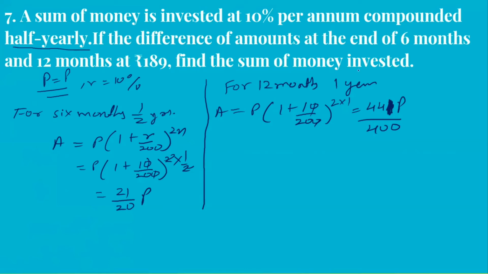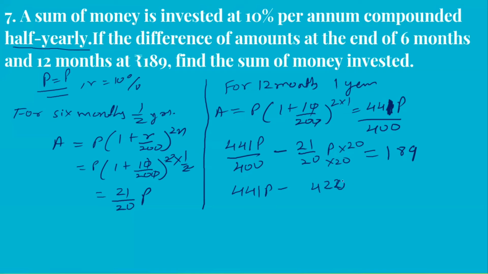Now, if the difference of the amounts at the end of 6 months and 12 months is rupees 189, that means this 441p upon 400 minus this amount which was at the end of first half year, which is 21 upon 20p, is nothing but rupees 189. Okay, let us take LCM 20, this 400, so we'll have to multiply by 20, divide by 20 here. So 441p minus 21 into 2, 2 ones are 2, 2 twos are 4.